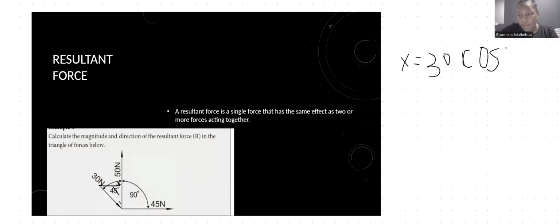Sorry, I'm making a mistake. Let me calculate well: 30 cos of 45 gives 21.21 Newton.